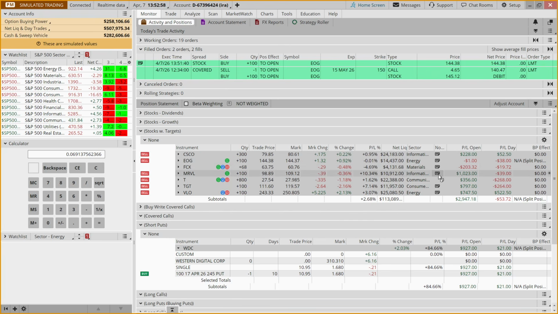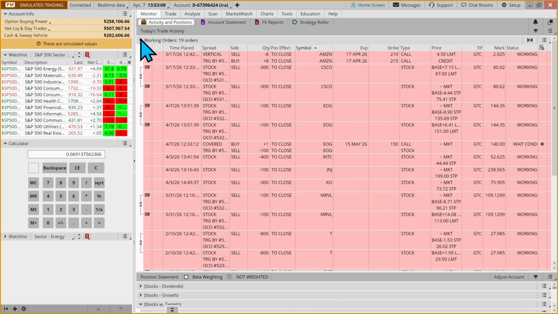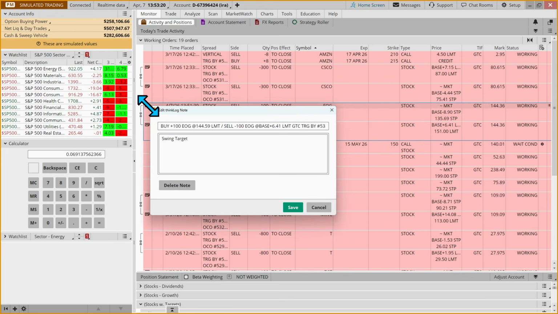Now, if you don't like having this column as part of this group on your monitor tab, we can also come up to our working orders. And if we look at EOG, this trade we just placed, if we don't have that column in with our currently traded orders, we can click this and we'll see our swing target.